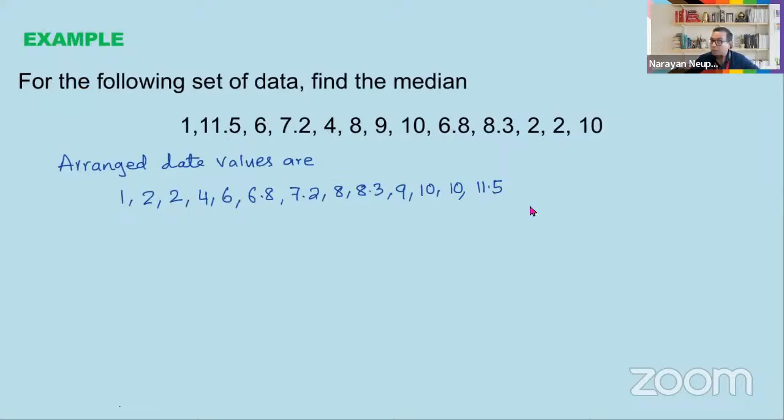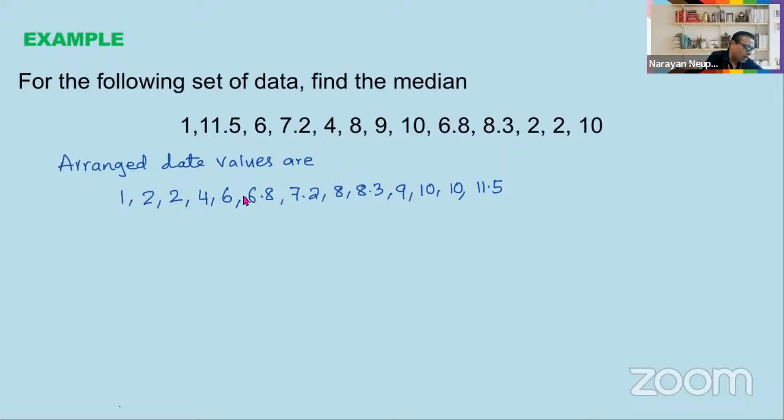So first step to find the median is to arrange the data. Then check how many data values are there. For example, if you count, we have 1, 2, 3, 4, 5, 6, 7, 8, 9, 10, 11, 12, 13. So we have a total of 13 observations, but we want to divide it into two parts, right? And we want to see what goes in the middle. So when you divide 13 by 2, what you'll get? 6.5, right? So you have to count 6 from this side.